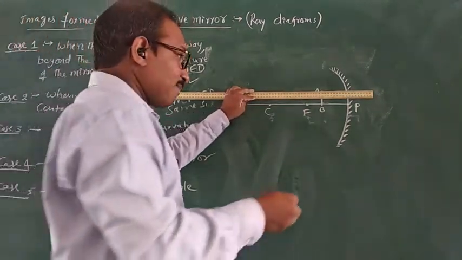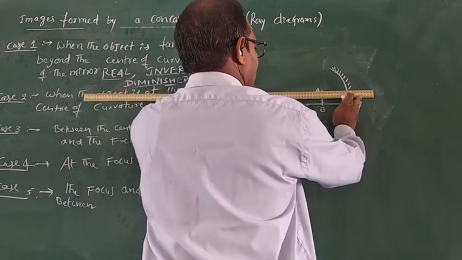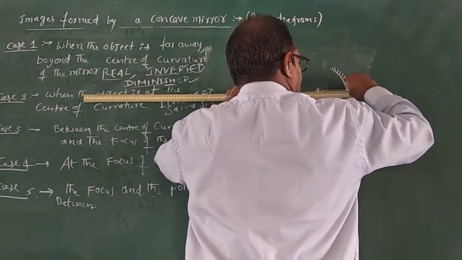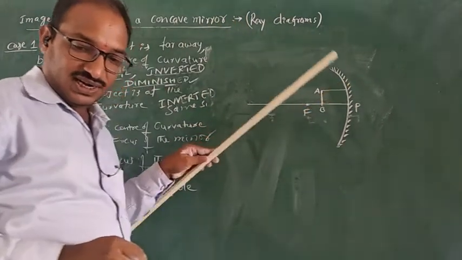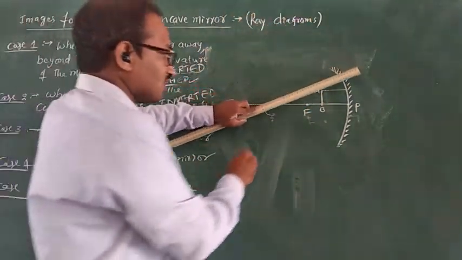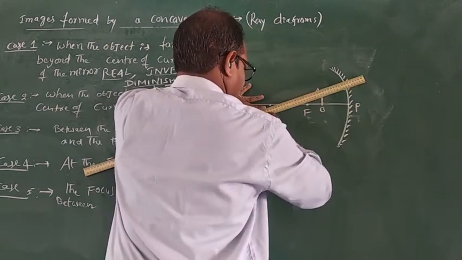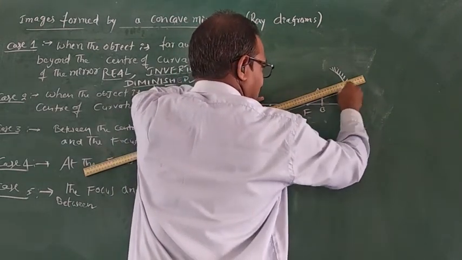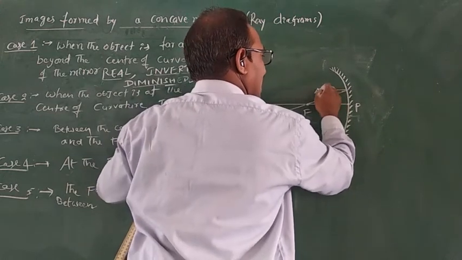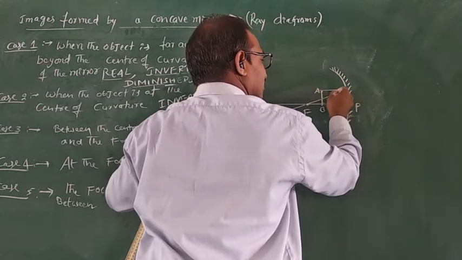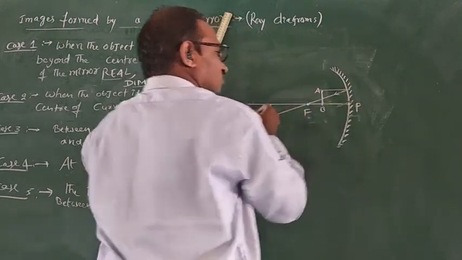A ray parallel to the principal axis, after reflection, will go through the focus.